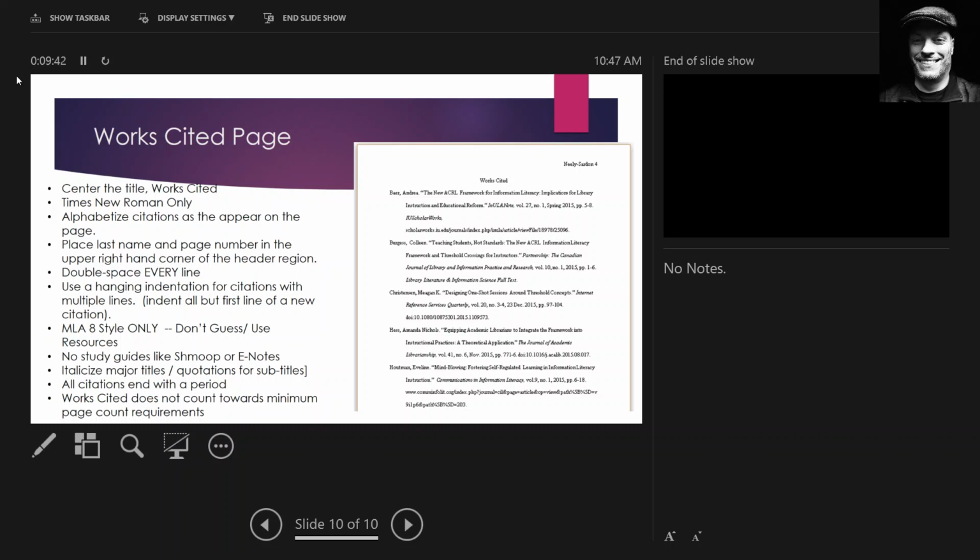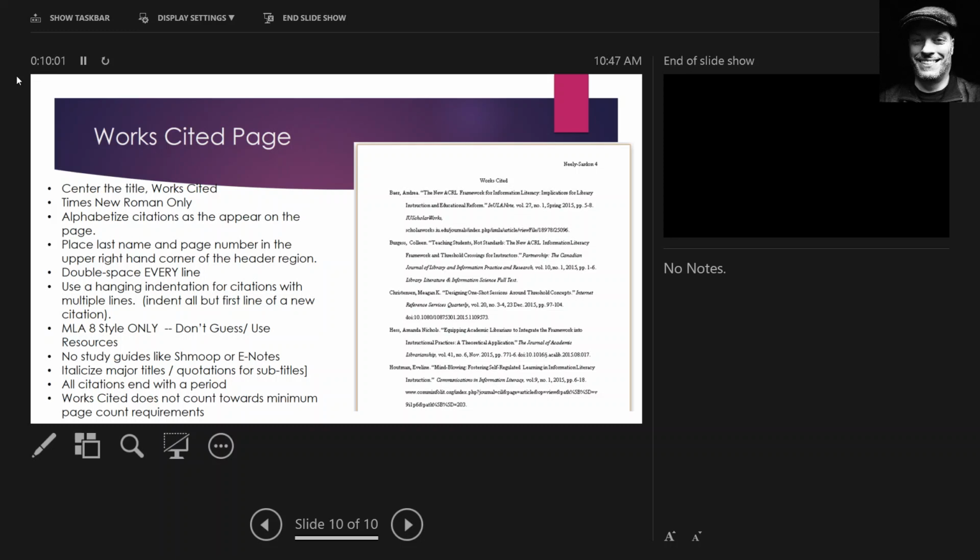So you can see in my example that citations begin on the left-hand margin. They're justified left, and then every line that is associated with that particular citation is indented 1 tab space or 5 spaces underneath that initial line.